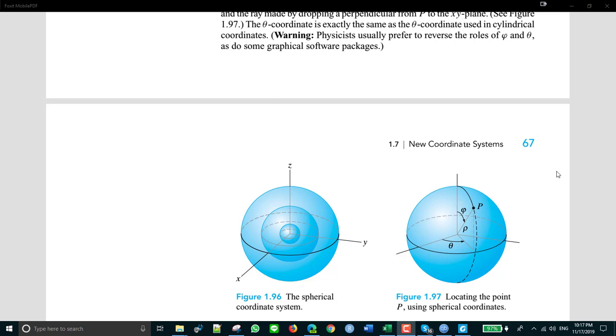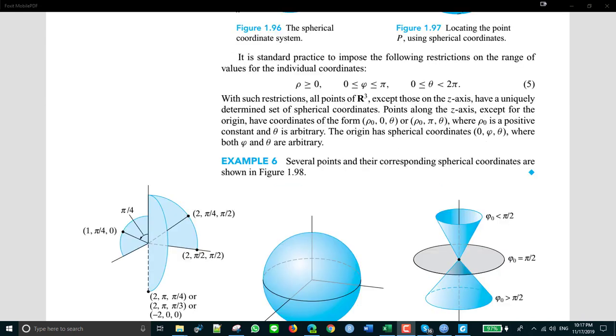So that is a legitimate coordinate system, and the symbols again are theta, rho, and phi. Generally we restrict rho to be greater than or equal to 0, phi to be between 0 and pi, and theta to be between 0 and 2 pi.